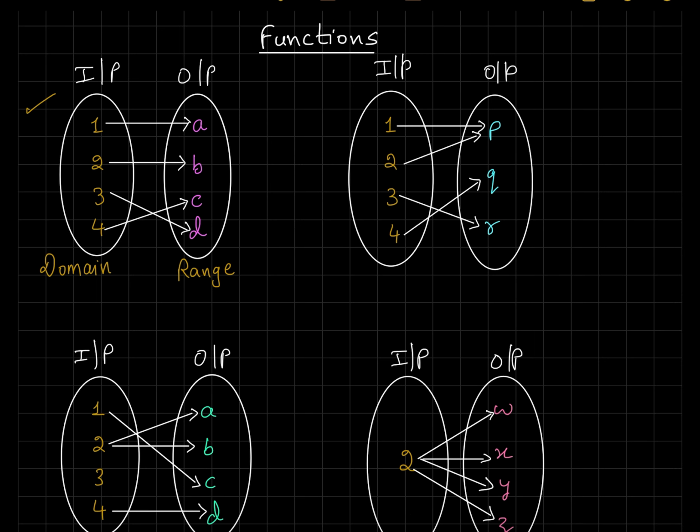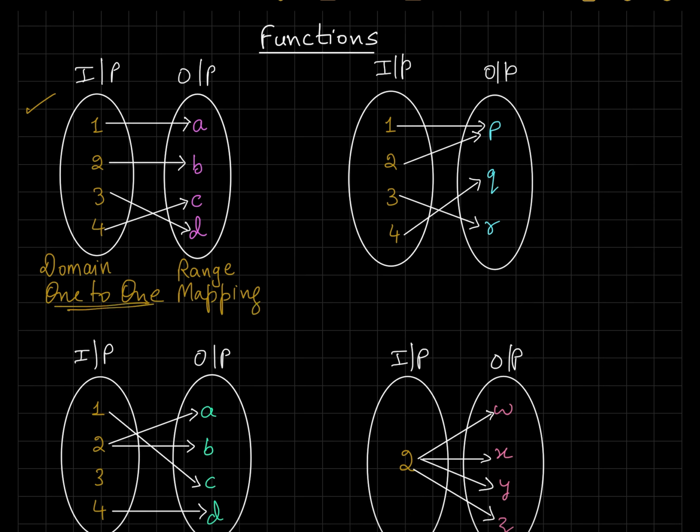If I give 3, it gives D, and if I give 4, it gives C. It means that each and every single unit of the domain is giving me a unique output in the range. So this is a one to one mapping, and one to one mapping is always a function.